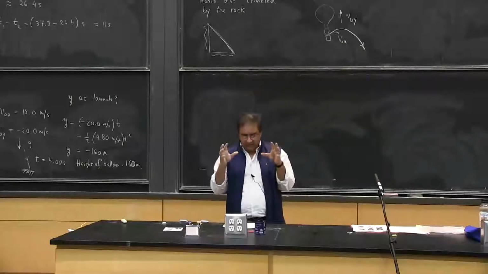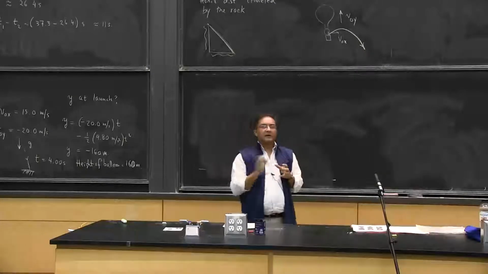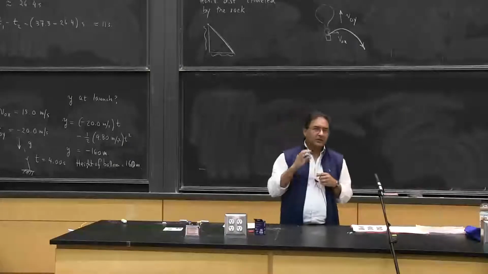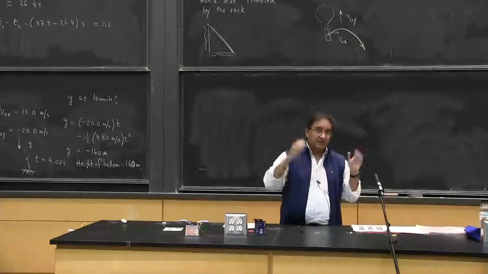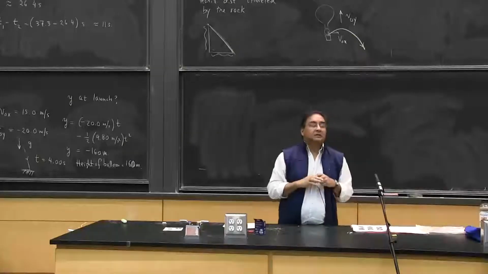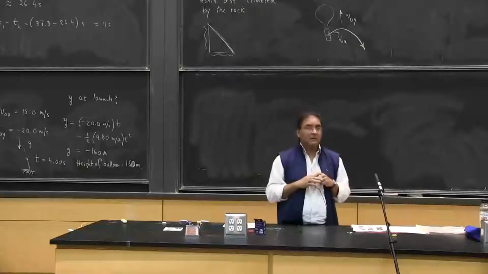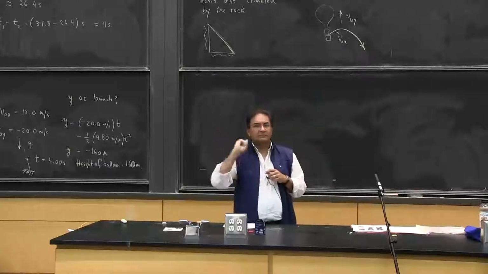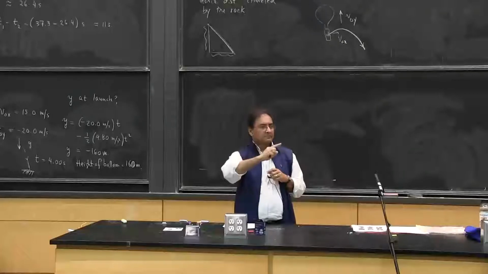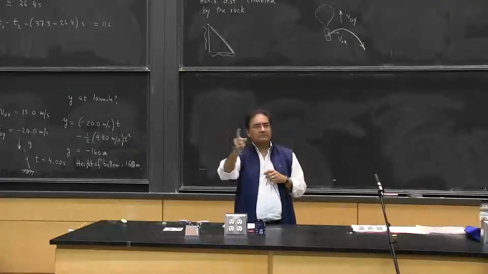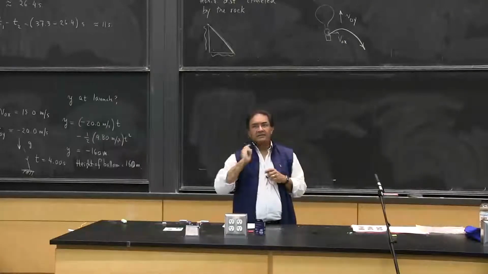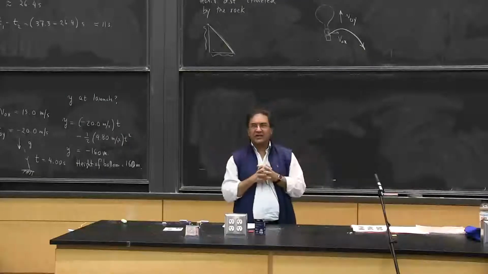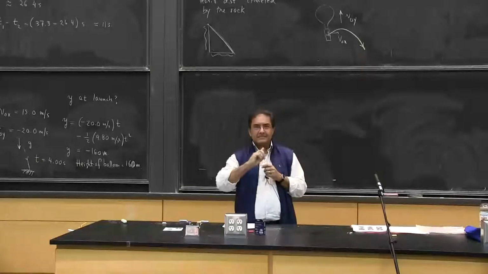Now, a couple of things, let me make a point here. Remember I said that no external force acts on you if you're moving at fixed velocity. That's what Galileo said, and that's what Newton reiterated, and that's what we call Newton's first law. Now, if you're going around in a circle at fixed speed, is there an external force acting on you?